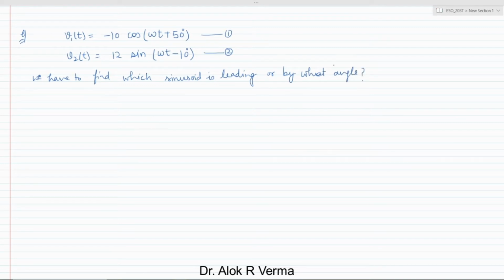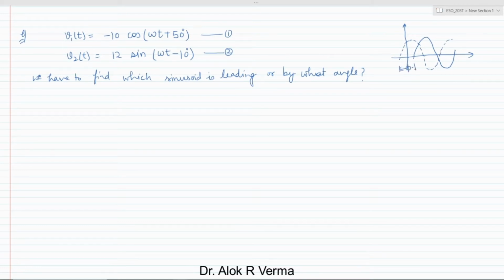Previously we have seen that there's a leading and lagging factor. So the phase difference phi, suppose one sinusoid is this one, then another sinusoid is this one. So they have some phase difference.